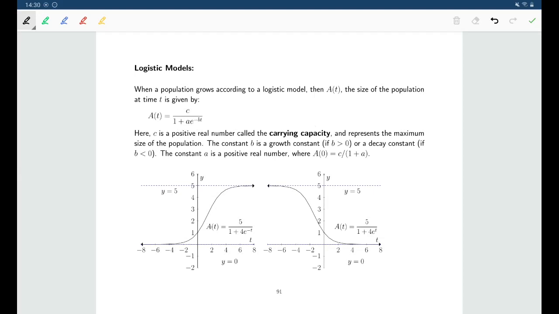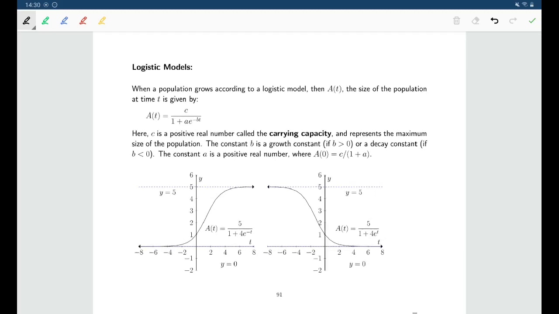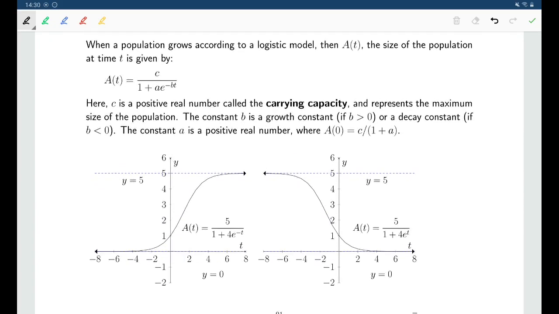And that's not totally realistic because, of course, even for bacteria in a dish, there are limits to how big the population can grow. It's limited by the space that they're in, it's limited by the amount of food that's available. There are all sorts of things that will slow down population growth. And so another kind of a model that involves exponential growth but with limits on how big the population can be, that model is a logistic model.